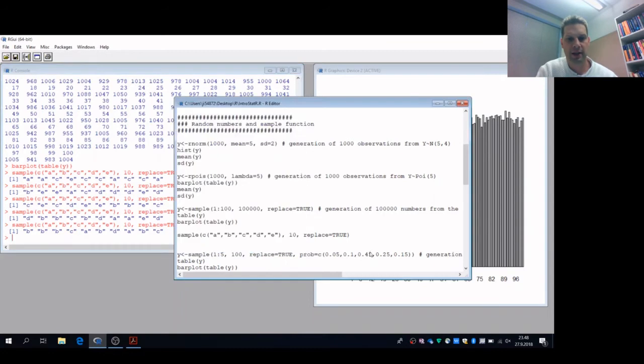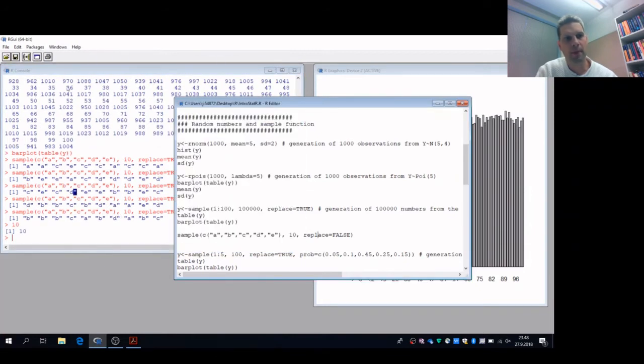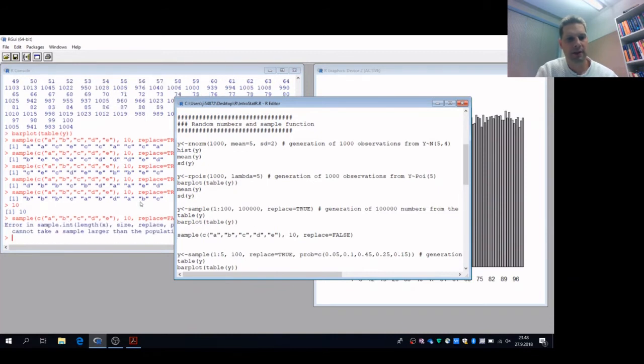And if I say that replace is false, then it actually does not work here, because there are fewer elements than needed to be picked up, so the function cannot run.